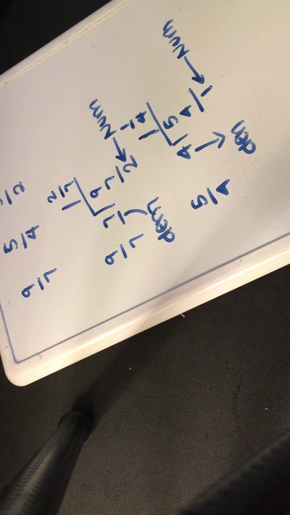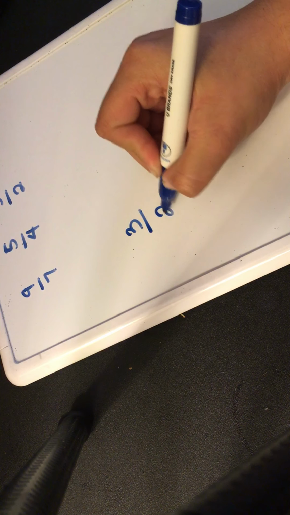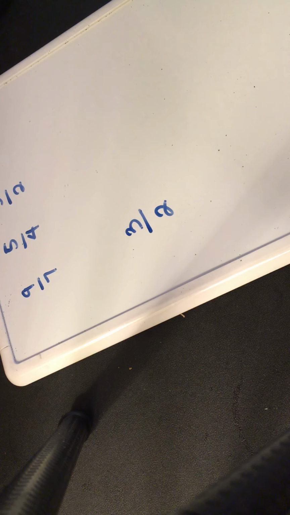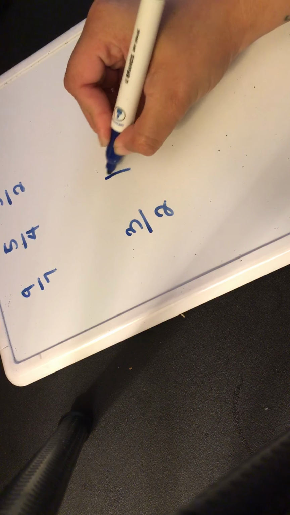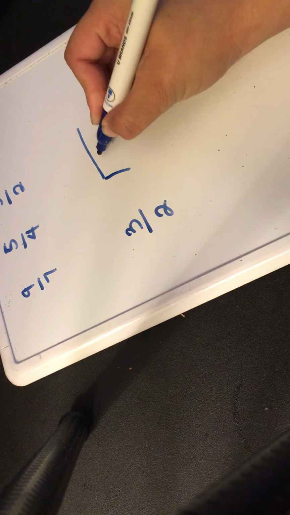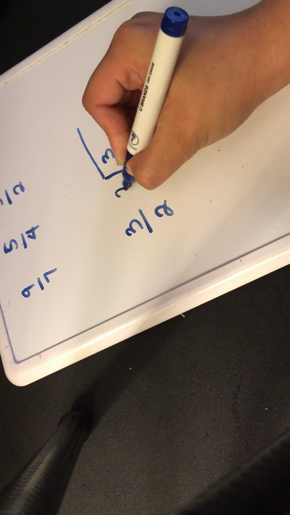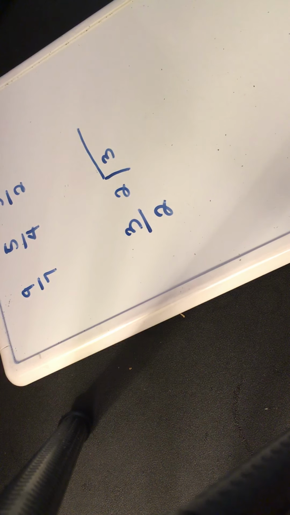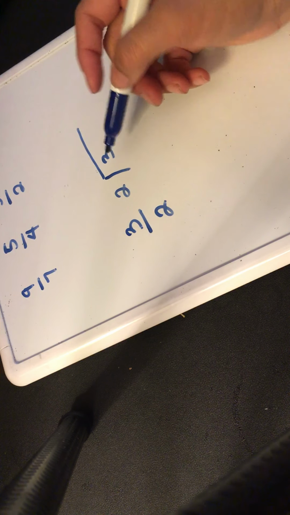Let's do our last one together. 3/2. Take out that division sign. Your numerator goes on the inside, and your denominator goes on the outside. And you go ahead and divide. So 2 times what will give me 3 or close to 3?